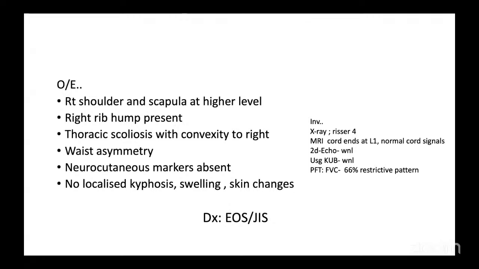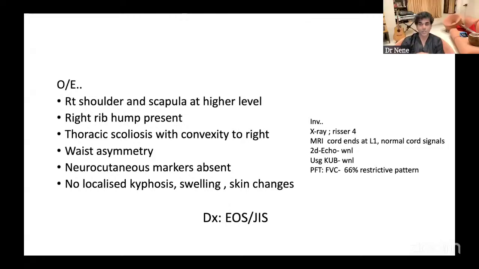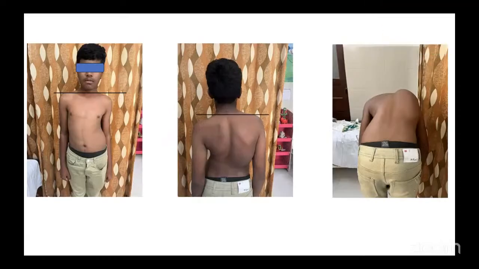There was a right rib hump present. Thoracic scoliosis with convexity on the right side was there. There is waist asymmetry. I'll show the clinical pictures, that will be more relevant. So this is the clinical picture of this patient. There is shoulder imbalance, scapular prominence, gross waist asymmetry and truncal imbalance, and a right-sided rib hump is also there.